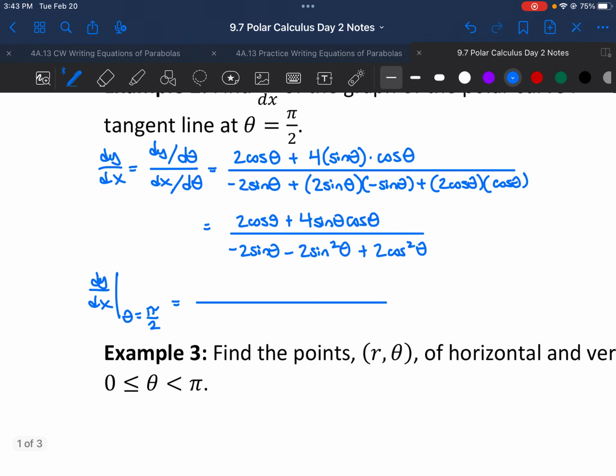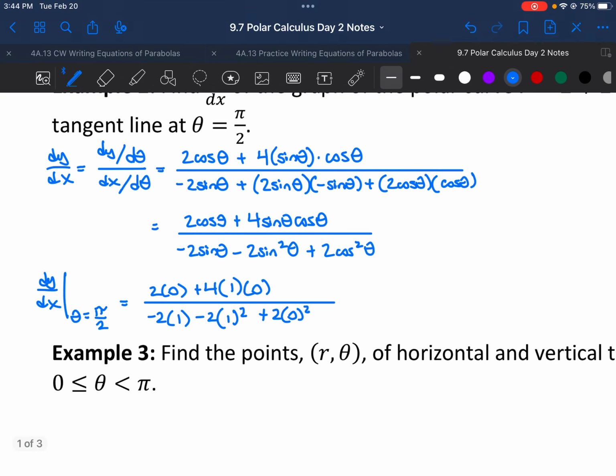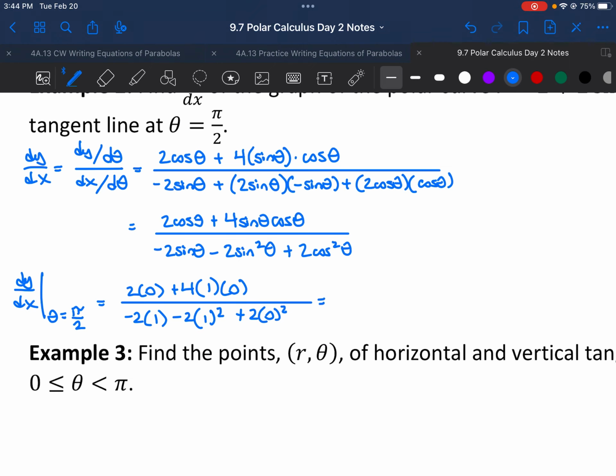All right, so plugging in pi over 2, well, cosine at pi over 2 is 0, so this is going to be 2 times 0 plus 4 times, let's see, sine at pi over 2 is just 1, and cosine at pi over 2 is 0, over negative 2 times 1 minus 2 times 1 squared plus 2 times 0 squared, and that's going to equal 0 over, looks like negative 4, which is just 0.